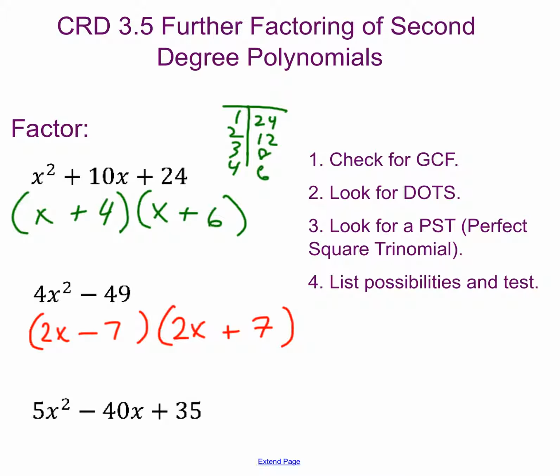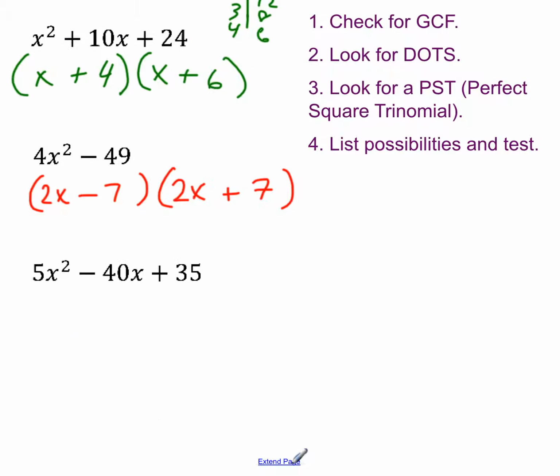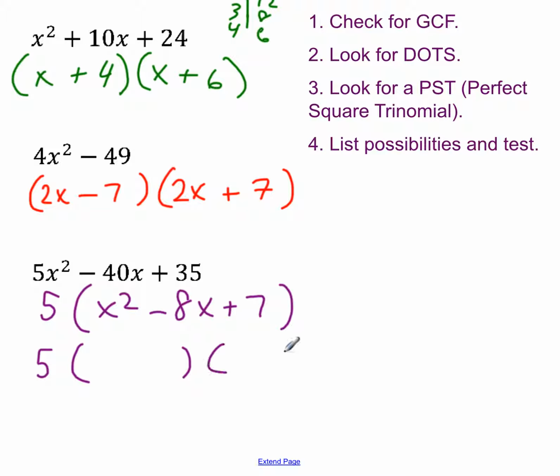and I'm going to check for GCF. And in fact, this time I actually found that there is one. Okay, so 5 goes into everything. I'm going to pull that out. Now I've got x squared minus 8x plus 7. Okay, now the 5 stays the 5, but I can actually still factor this. So I'm going to keep going. And you do need to ask yourself if you can keep going.